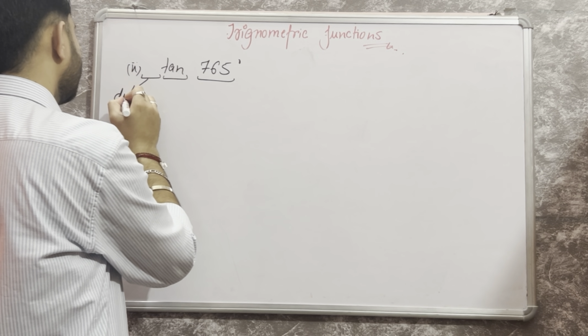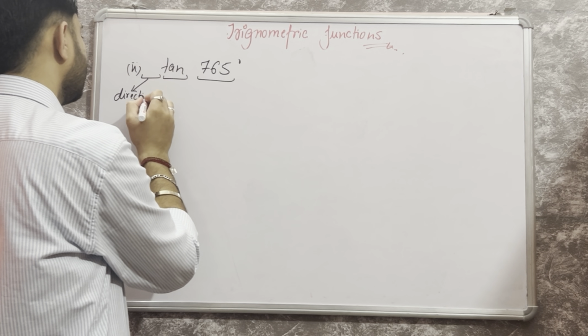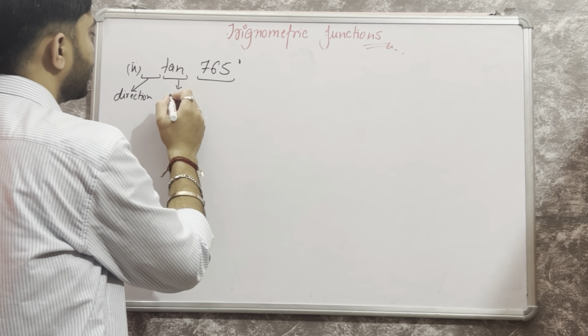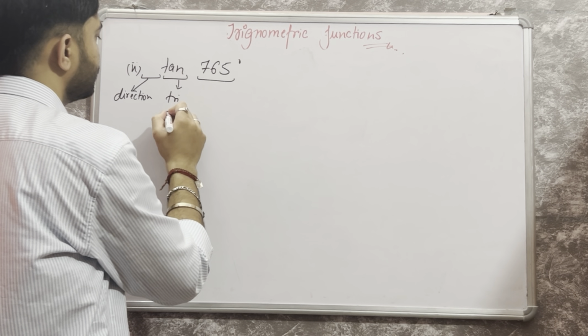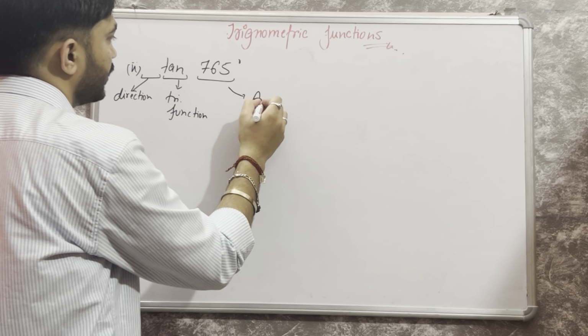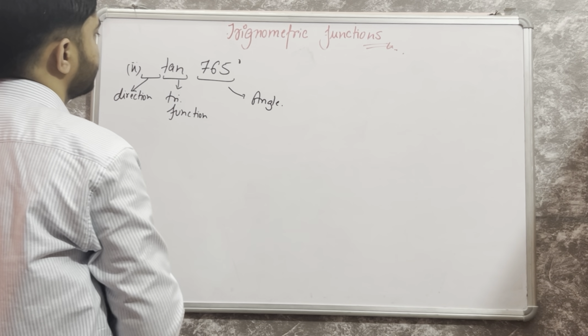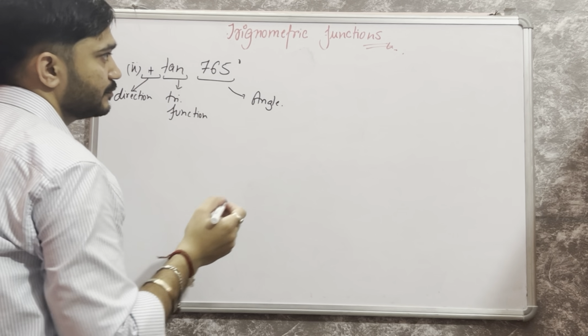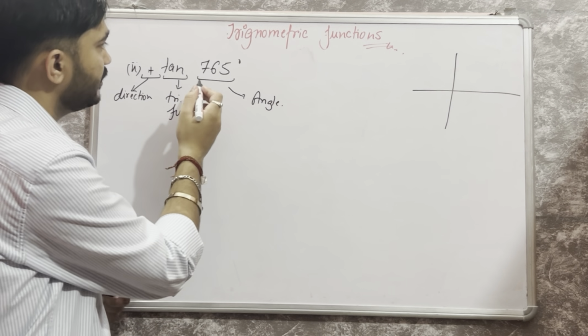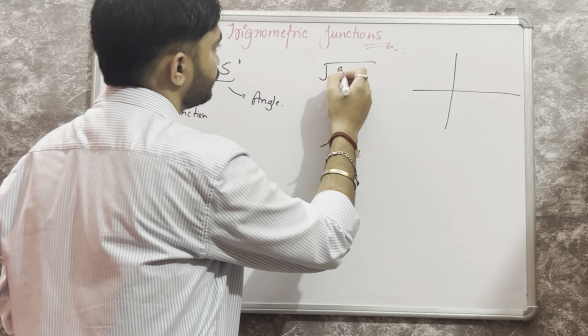First is direction, second is trigonometric function, and third is angle. Direction is positive. So divide this 765.